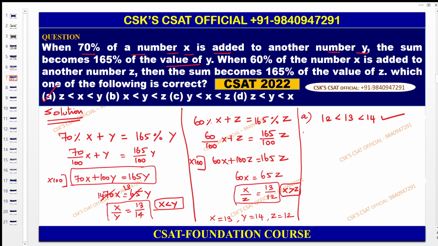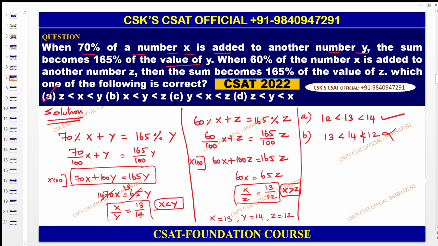Now let's check the rest of the options, at least for your understanding. x is 13, less than y, which is 14. Yes, this is correct. Now check the less than z. z is 12, and 14 is greater than 12. Therefore, this is not satisfying. You can eliminate this one.